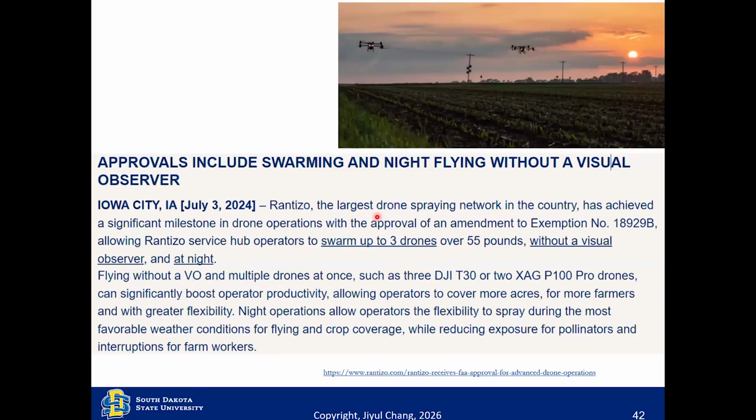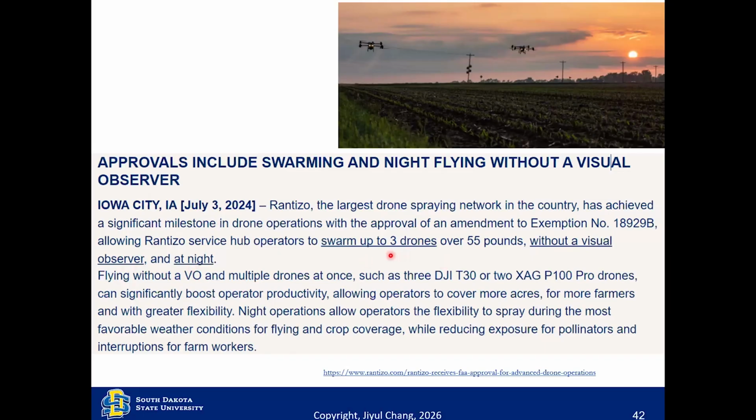And then this one is from a magazine. Okay. Rantizo is the name of a company for spray drones, an Iowa-based company. Then they got some permission from the FAA about this: swarm up to 3 drones without a visual observer and at night.